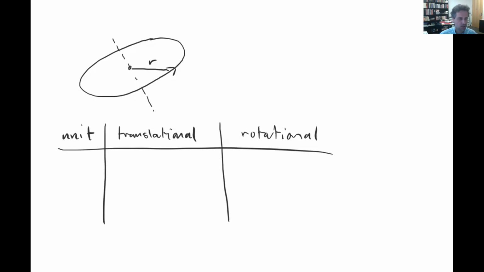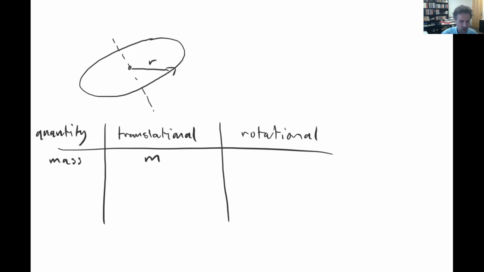Okay, so the quantity of mass. In translational mechanics, we simply indicate that by m. That's the mass, there's nothing mysterious about that.